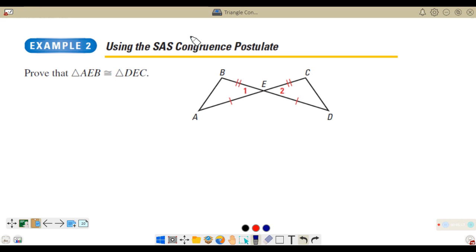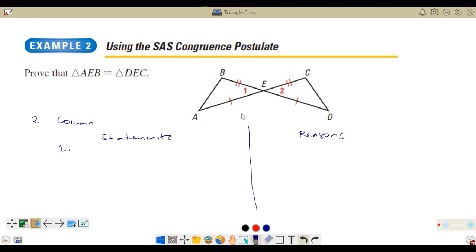Okay, so let's apply the SAS congruence postulate in this example. We have to prove that triangle AEB is congruent to triangle DEC. Hindi ko matandaan kung anong ginamit sa book, kung paragraph or two-column. Shortcut na lang tayo. Mag two-column proof tayo. So we have here the statements, and here, we have the reasons.